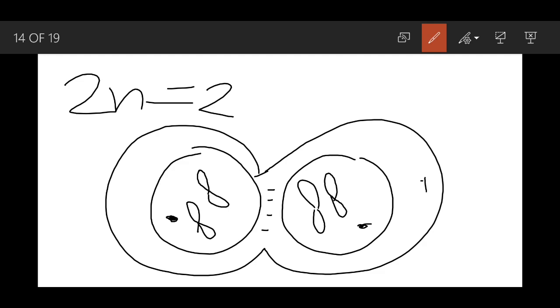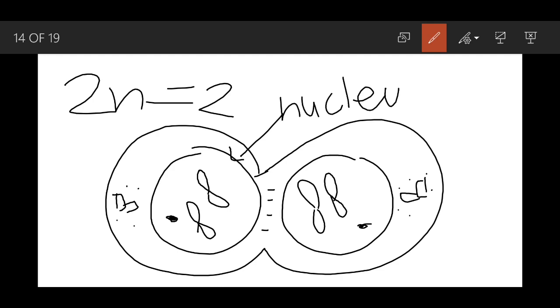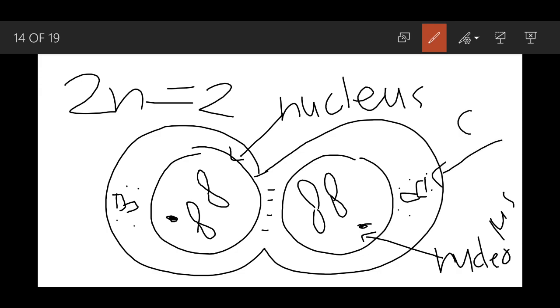And then we have the centrioles outside already, because we already have the nucleus. So this is your nucleus, and this is your nucleolus. And of course, we have the centrioles. And this one here is the cleavage furrow.